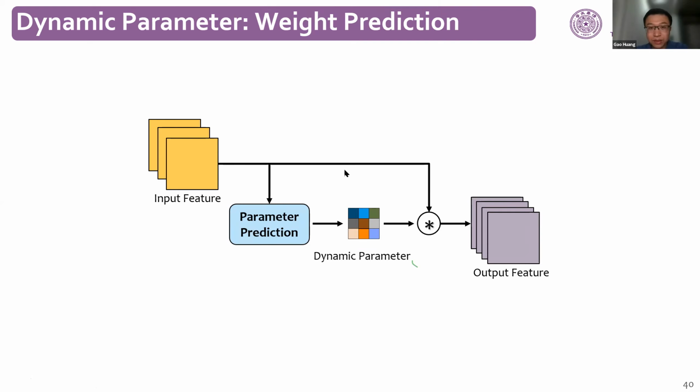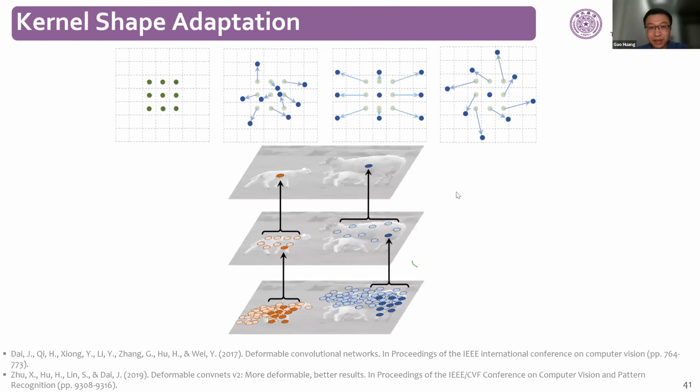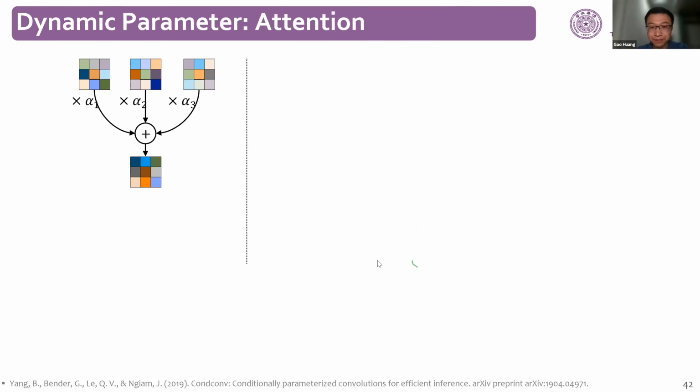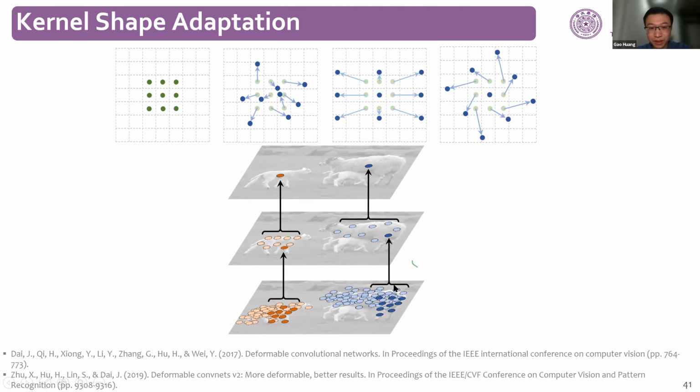And of course, another type of dynamic parameter network is deformable convolution. If any of you have worked on computer vision, you may have heard about this type of convolution, which has been very effective in object recognition. And this is also a typical type of dynamic network.